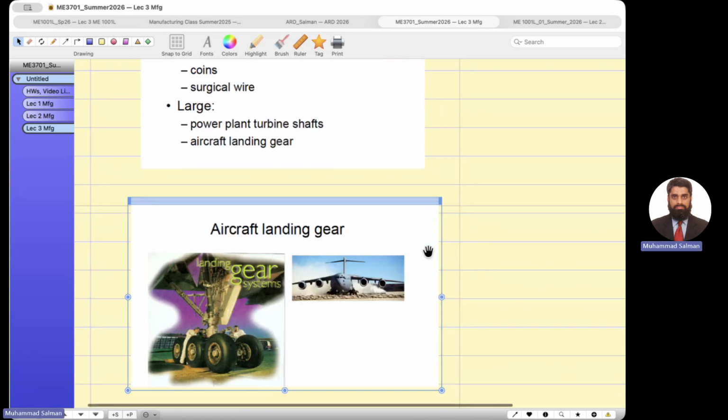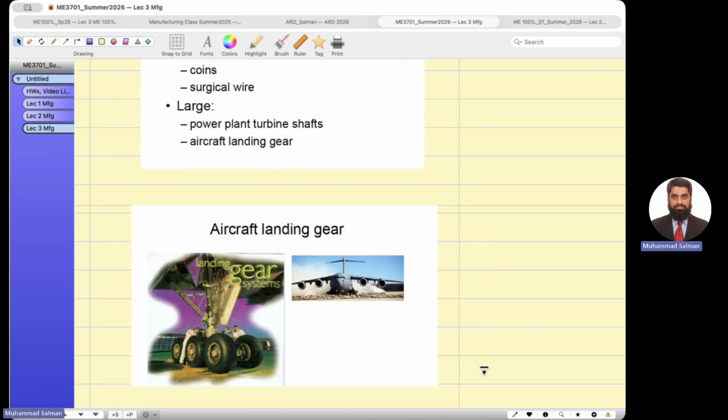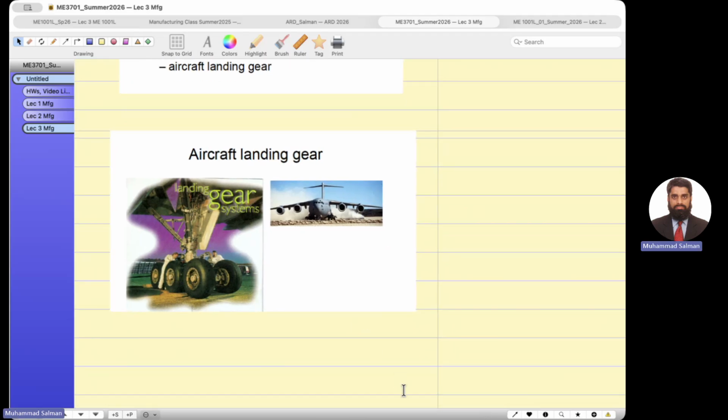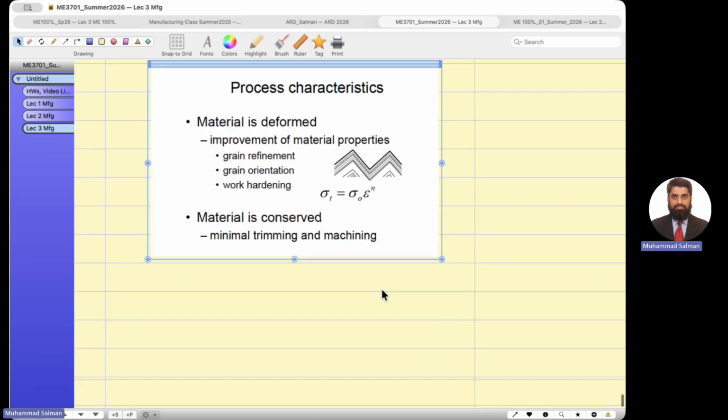The landing gear of aircraft. This is an army helicopter, the plane. So landing gear, they are forged. When you force the material, it creates more strength, more power to withstand the stresses. They have internal grain structures, materials deformed.